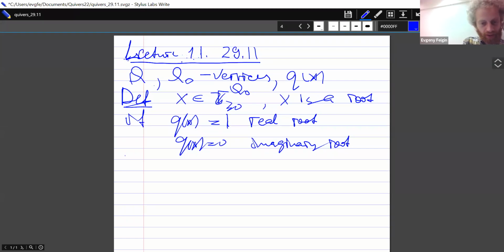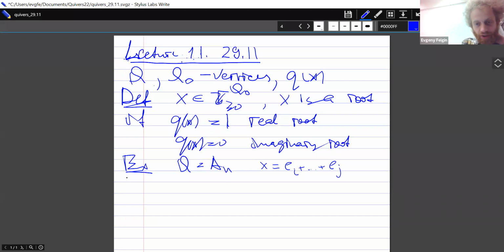So maybe a couple of examples so we can just have it in mind. So if, say, Q is just equioriented A_n, then we can have x to be just e_i plus e_j.